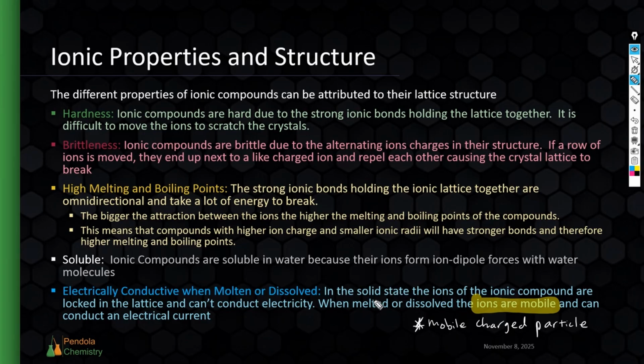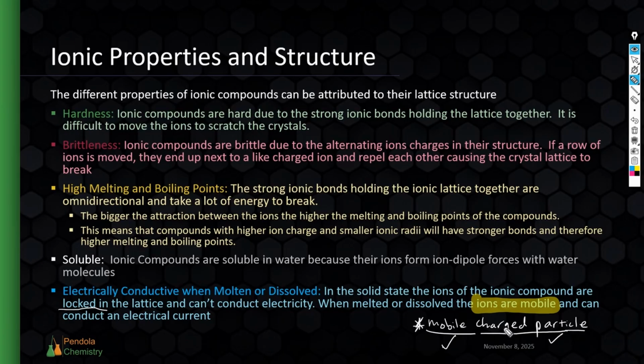But in the solid state, even though they do have ions, which are charged particles, those ions are locked into place in the lattice and therefore are not mobile. So in the solid state, they check off one of the requirements, a charged particle, but not the other, which is a mobile charged particle. In the liquid or aqueous state, however, they check off both of these. They have mobile charged particles, and so they can conduct electricity.